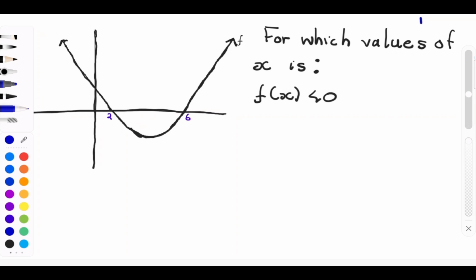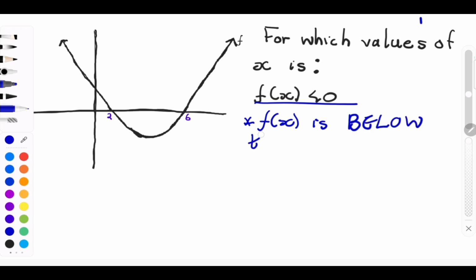Now we want where f of x is less than 0, meaning that f of x is below the x-axis, which also means that f of x is negative.